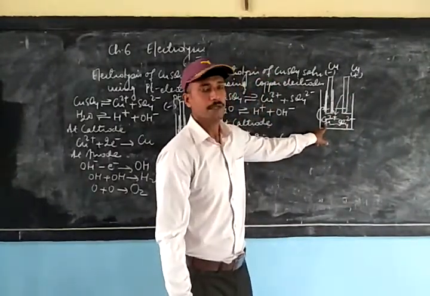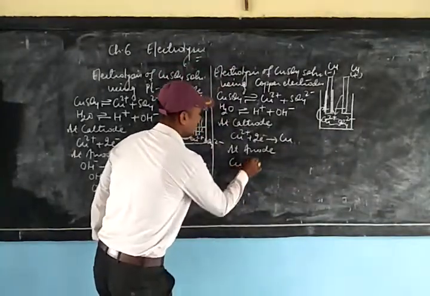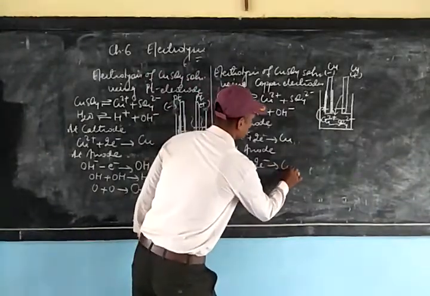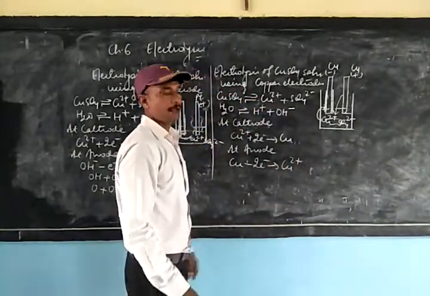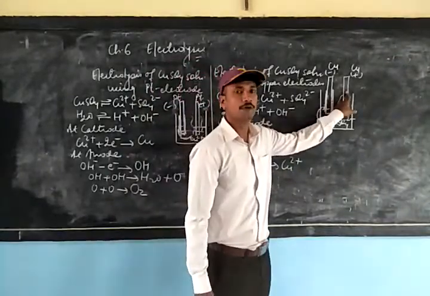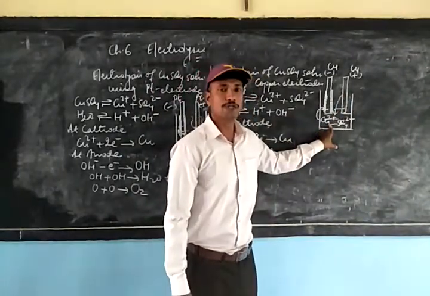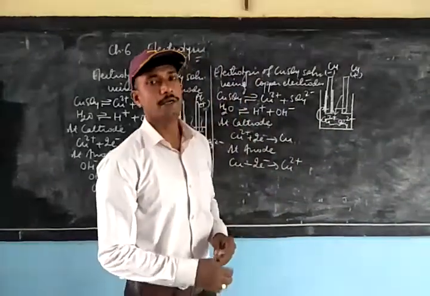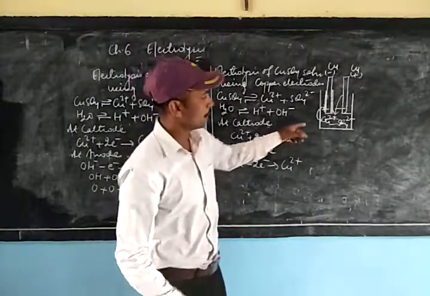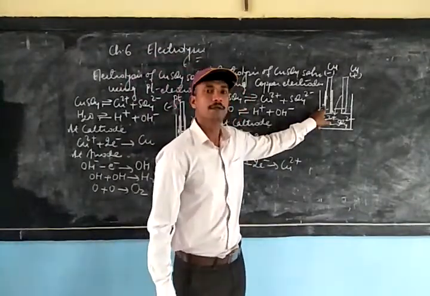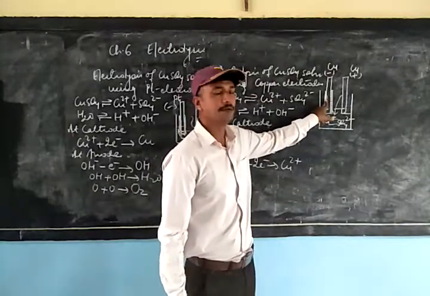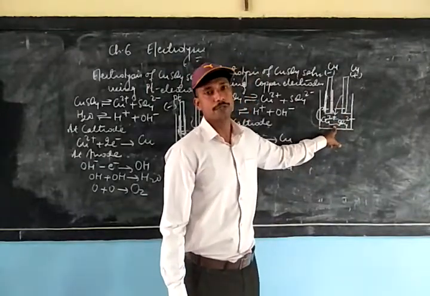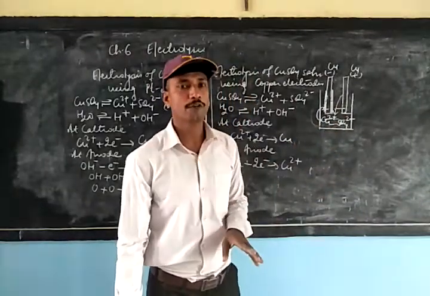This is how Cu from the anode will release 2 electrons and it will be changed into Cu2+ ion. It is this cupric ion from this anode that will come back to the solution and will make the color of the solution once again blue, because on one side you can see cupric ion is going out of the solution and getting deposited, and on the other side the same cupric ion is coming back to the solution, thereby retaining the color of the solution.